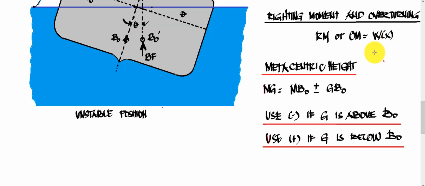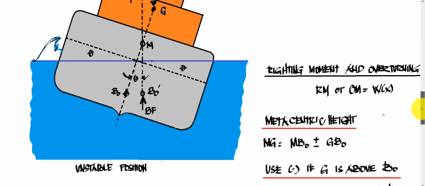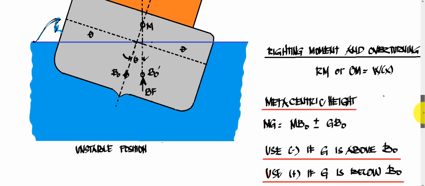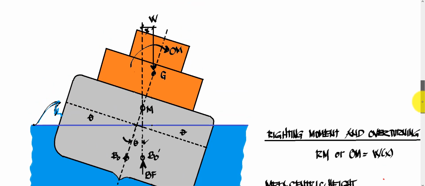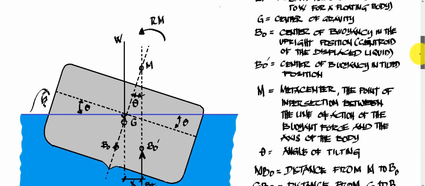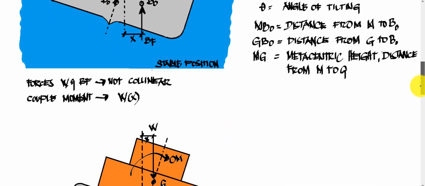So it depends on the situation. Okay, so use positive if G is below the metacenter, so they are opposite of each other. So mostly what happens is that our G is always above. So looking at the situation, G is always above the metacenter, even in floating bodies here. Okay, so take note of that one.